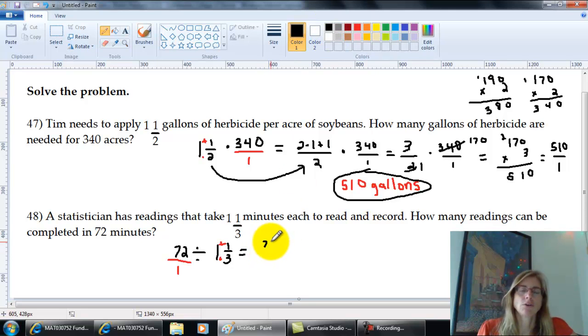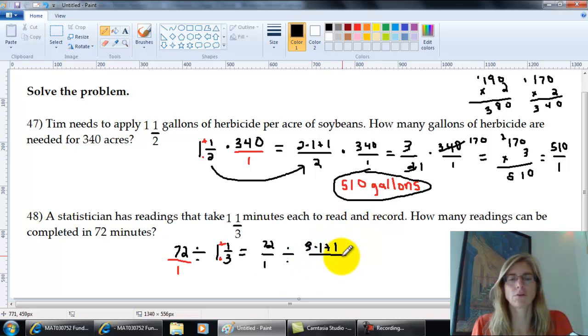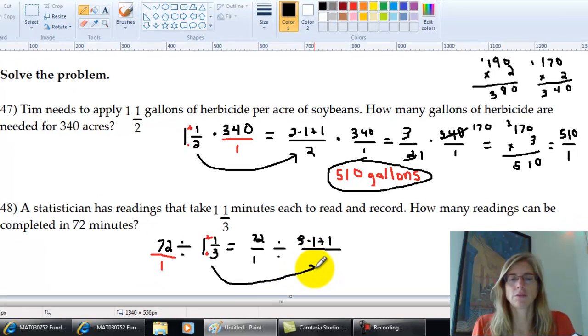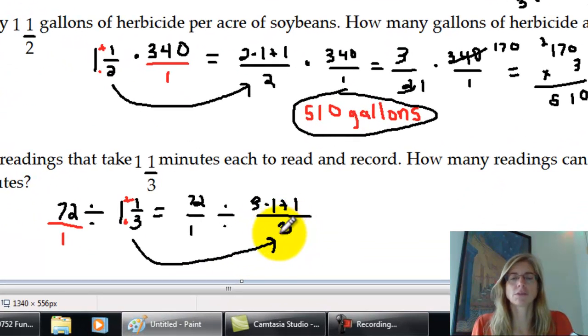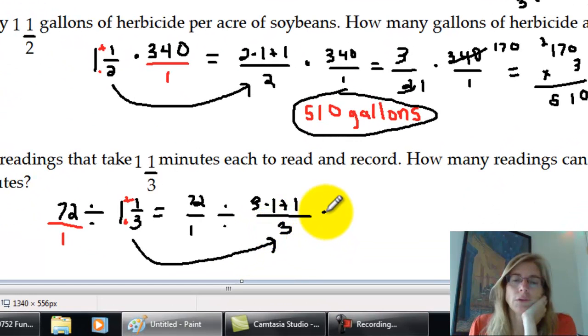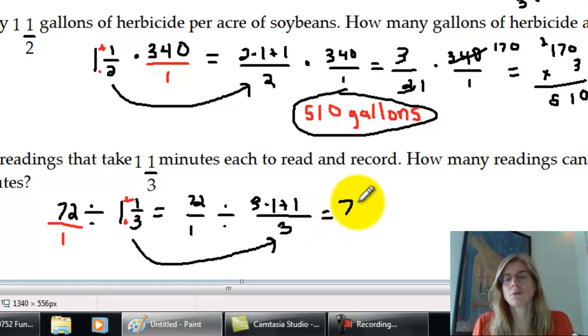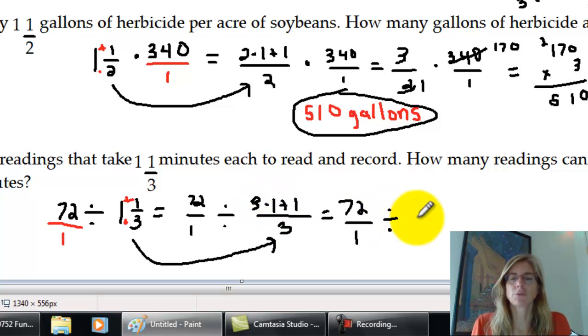So 72 over 1 divided by 3 times 1 plus 1 over that 3. That's how we're making our mixed number into an improper fraction. So 72 over 1 divided by 3 times 1 is 3 plus 1 is 4 thirds.